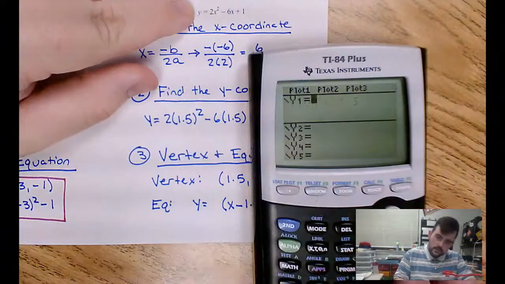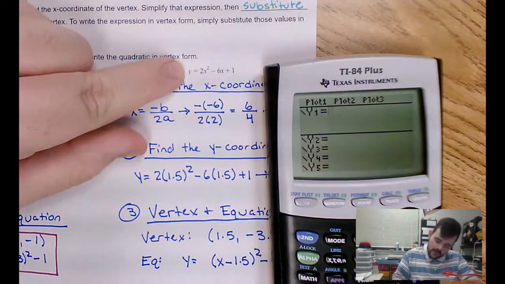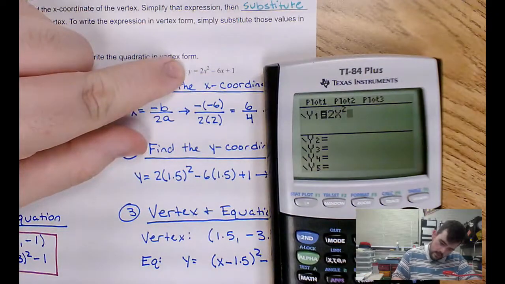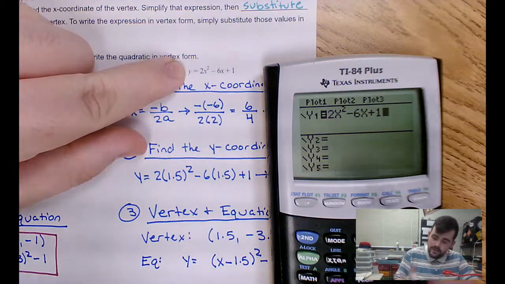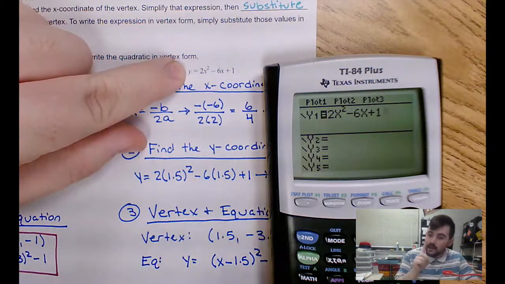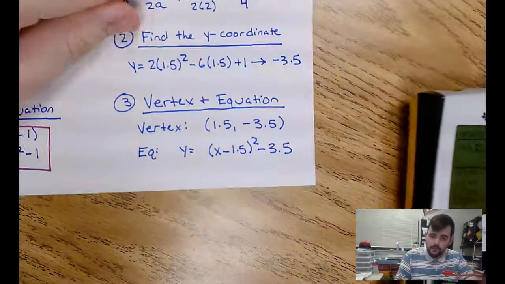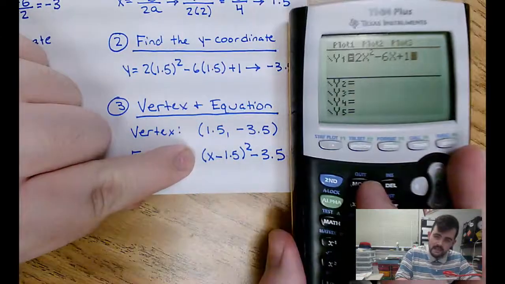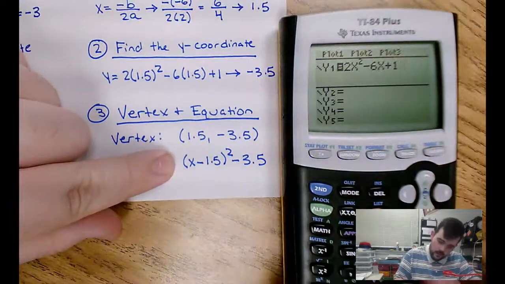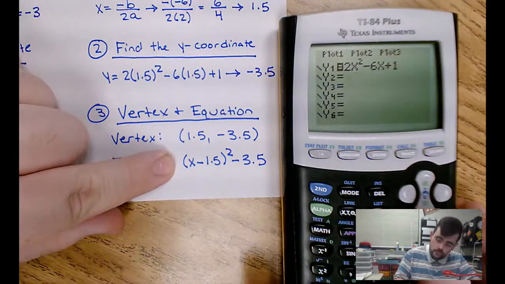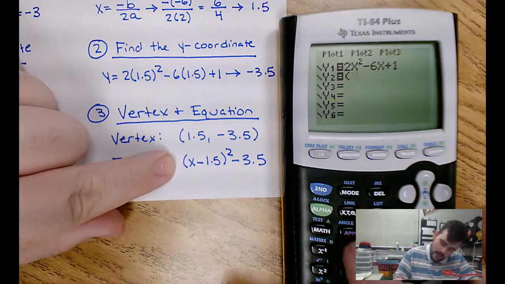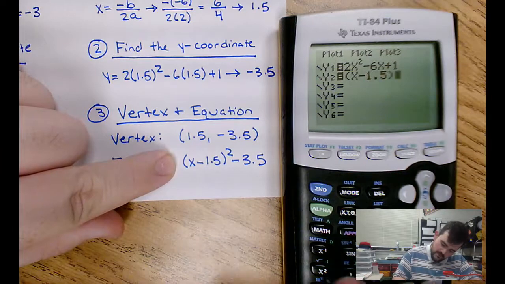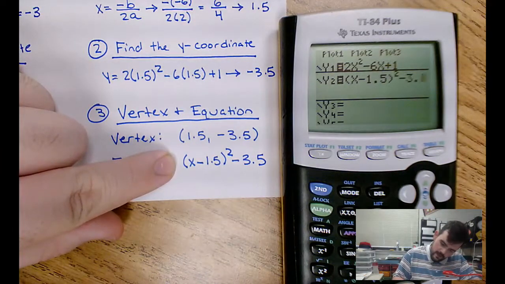Let's go back to y equals and type in 2x squared minus 6x plus 1. I can look at that graph. Now, if I've done my work correctly, I could type in this and see the exact same graph. So go down to y2 and type in x minus 1.5 squared minus 3.5.